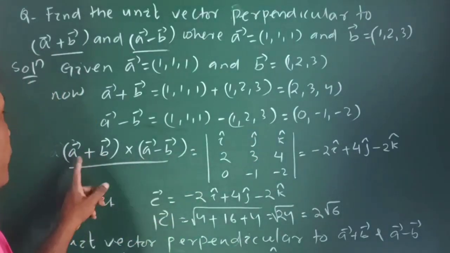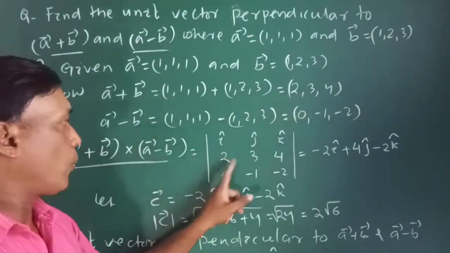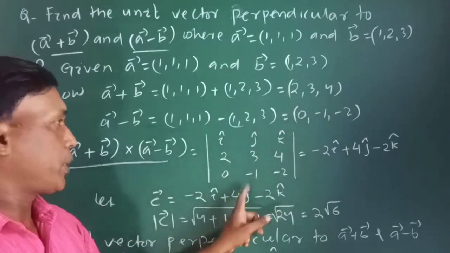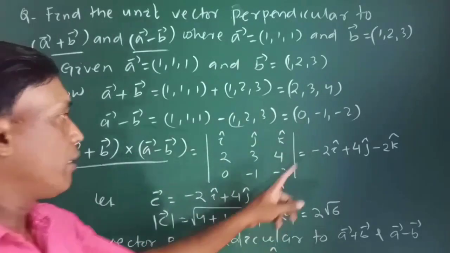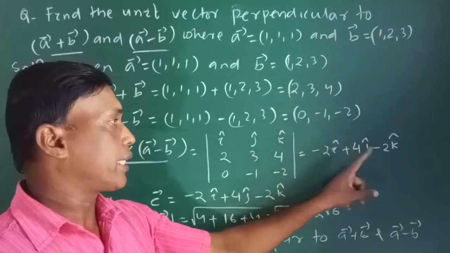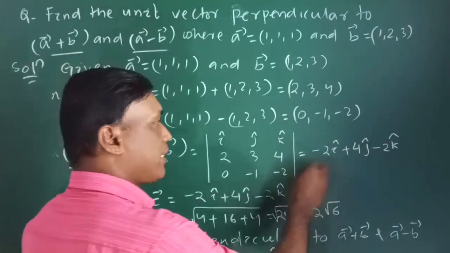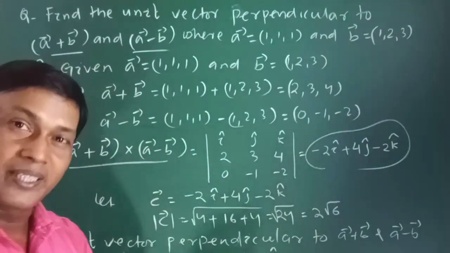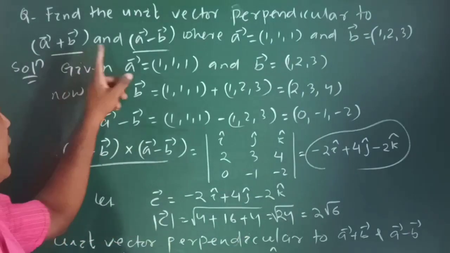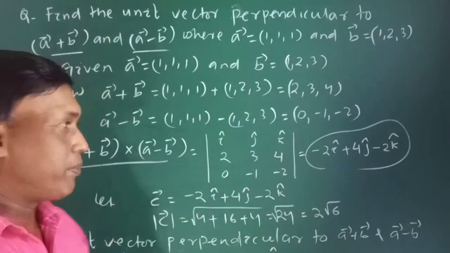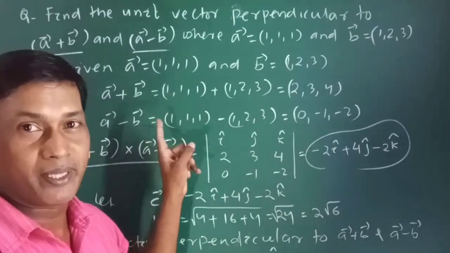First is the components of A plus B, 2 3 4. Second is 0 minus 1 minus 2, and solving this you will get minus 2 i cap plus 4 j cap minus 2 k cap. So this is a vector which is perpendicular to both A plus B and A minus B, because this is the cross product of two vectors.